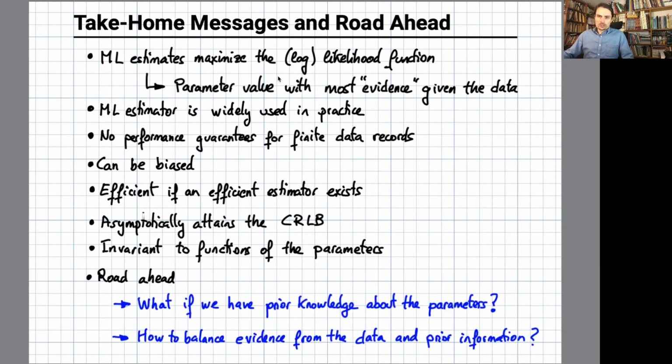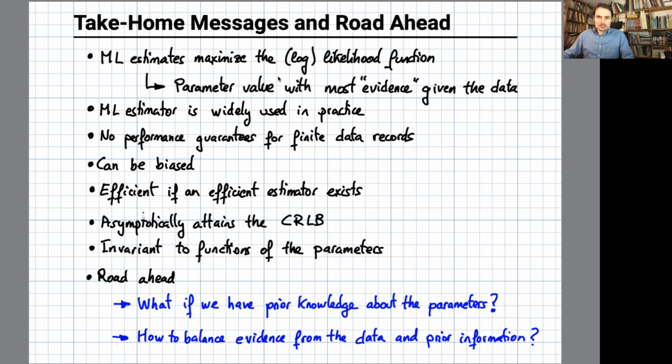So at this point of the course, we know quite a bit about estimation theory, but the whole framework that we have considered so far suffers from a big limitation, and it is that it doesn't allow us to capture prior information that we may have about the parameters, right?